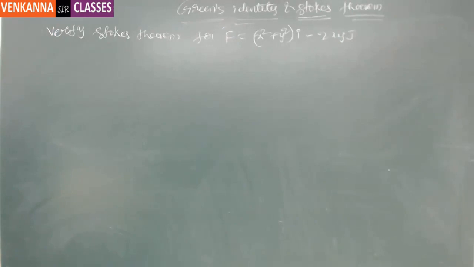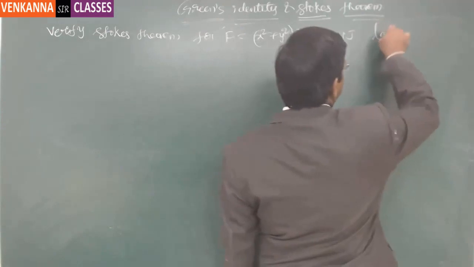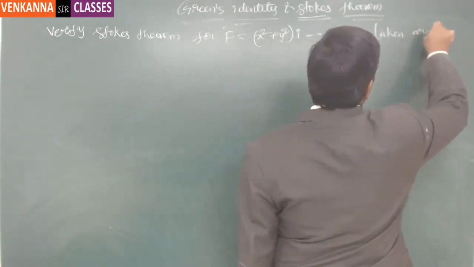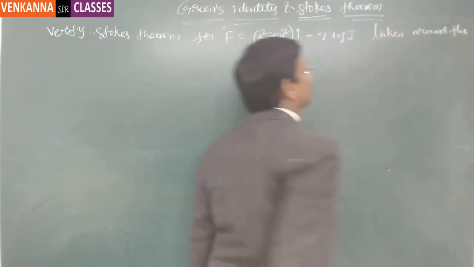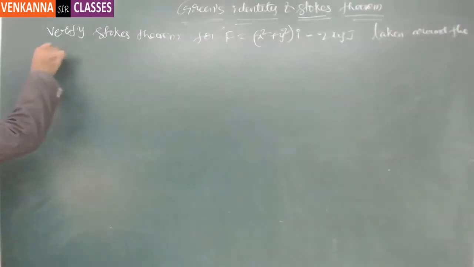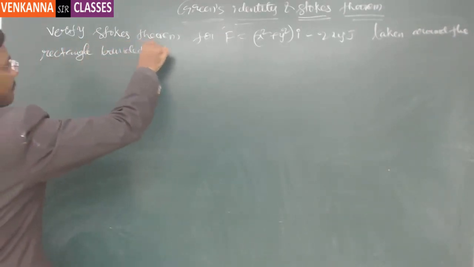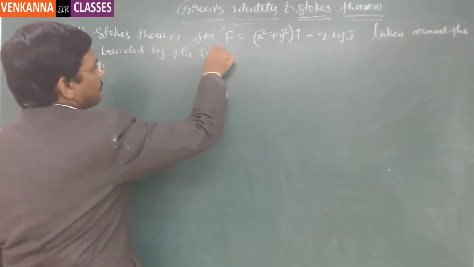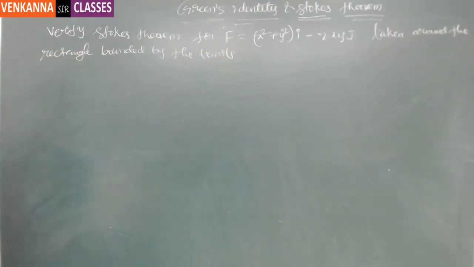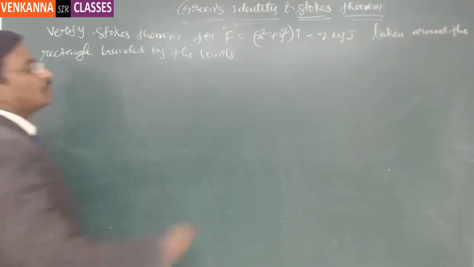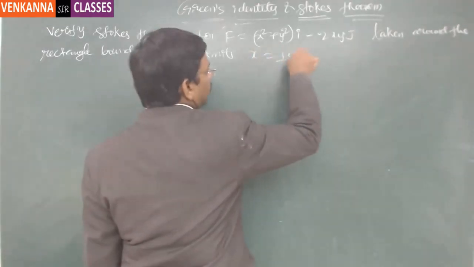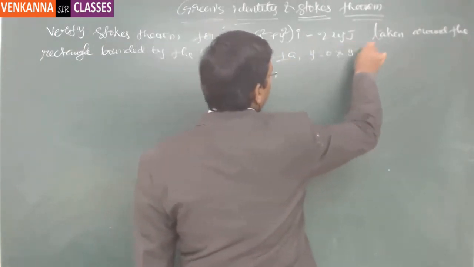Taken around the rectangle bounded by the lines x equals plus or minus a, y equals 0 and y equals b.